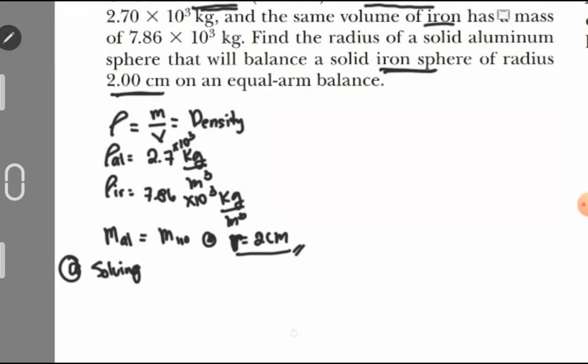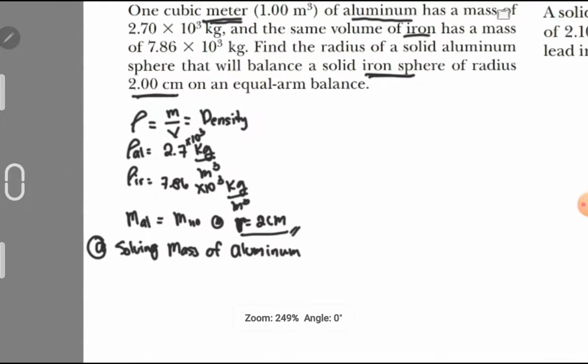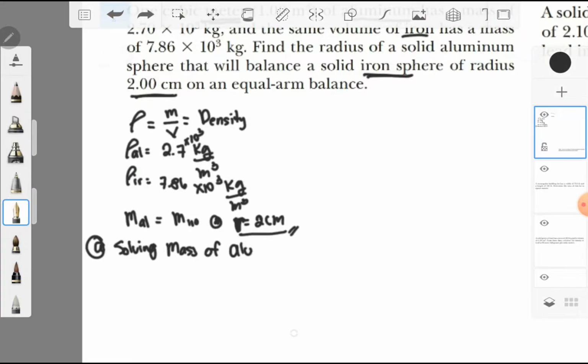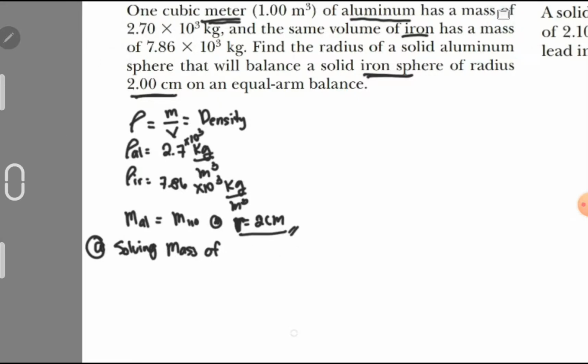So let's say solving for the mass of our aluminum. Take note that our rho is of iron. Okay, I should say iron, sorry guys. So this must be iron.